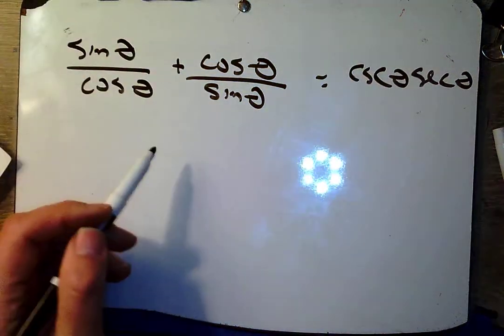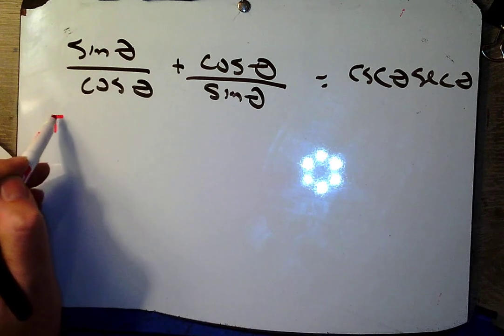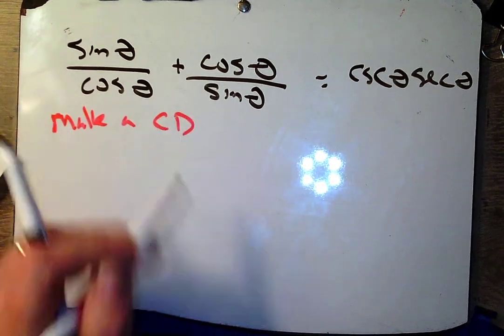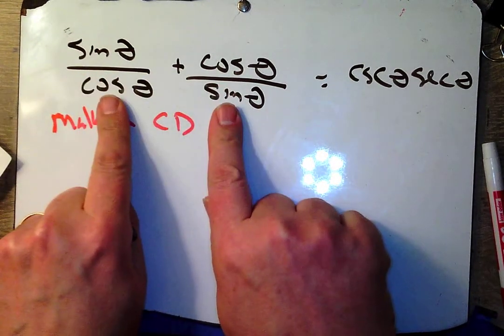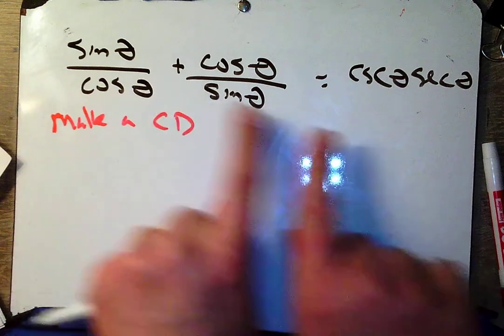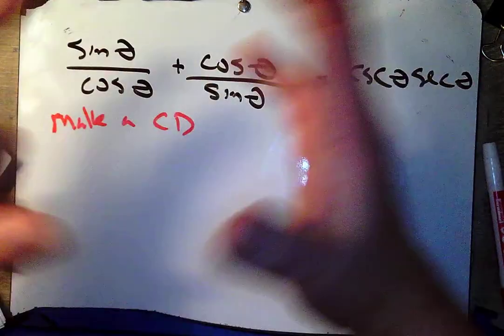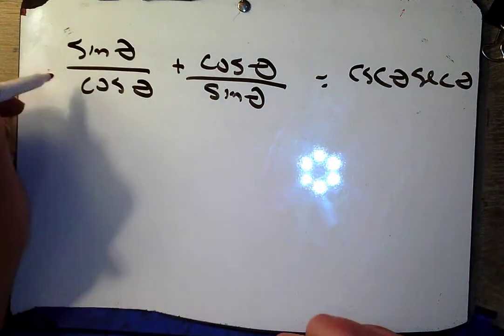Okay, how'd it go? Another one of those strategies that we're going to be talking about is make a common denominator. When do I want to make a common denominator? Well, I got two things joined with addition here, but I only got one thing over here, so I must have combined them somehow. Okay, so let's make that common denominator.